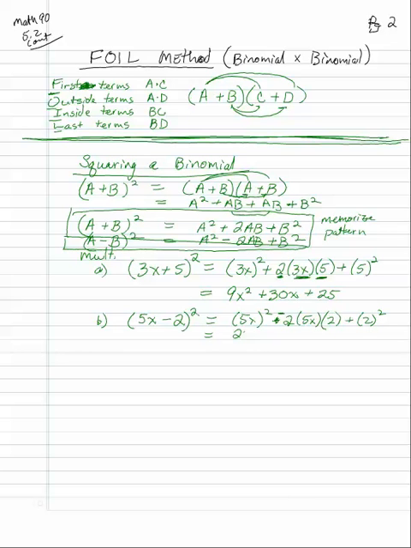So it's 25x squared, 2 times 5 times 2, that's 20, and then 2 times 2 is 4.